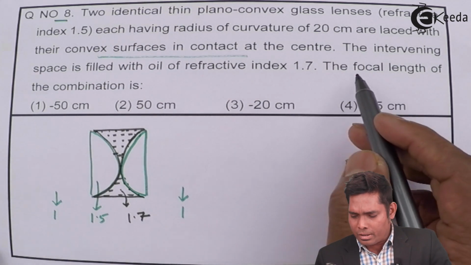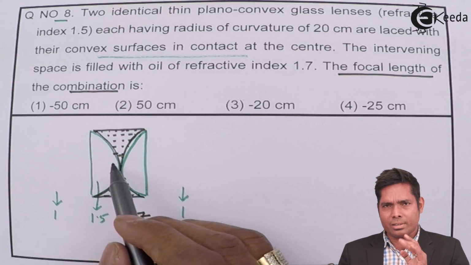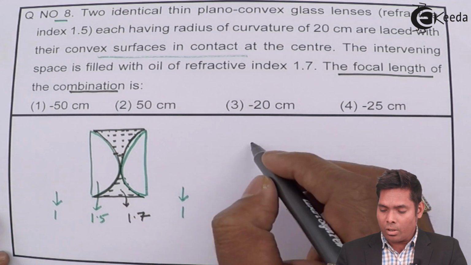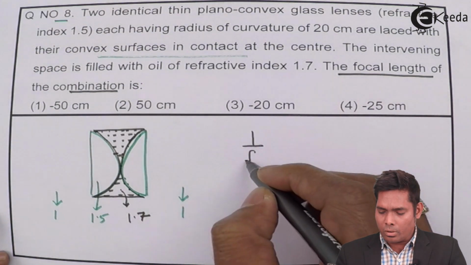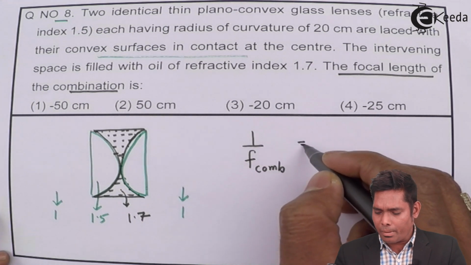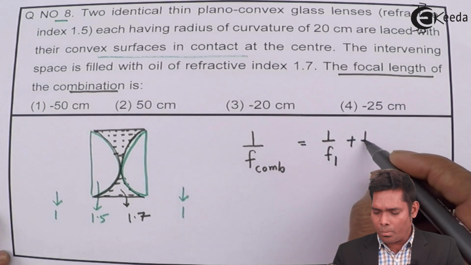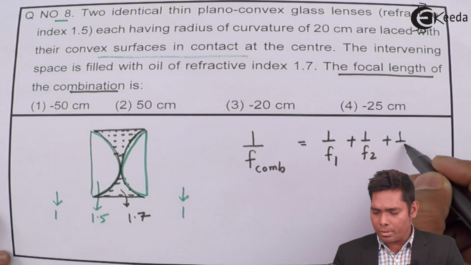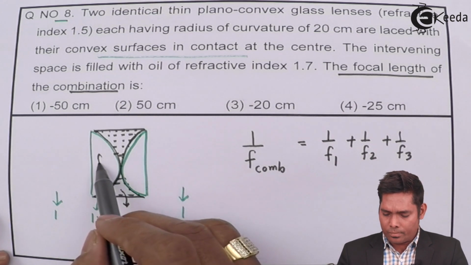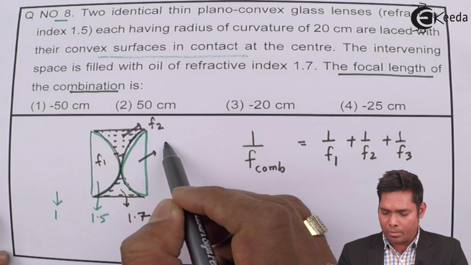So what we are supposed to find is the focal length of the combination. This consists of three lenses, as I have discussed. So I will find the focal length of the combination, and that can be obtained by 1 upon f1 plus 1 upon f2 plus 1 upon f3. The focal length of this I consider as f1. This one is having focal length of f2, and this one is having focal length of f3.